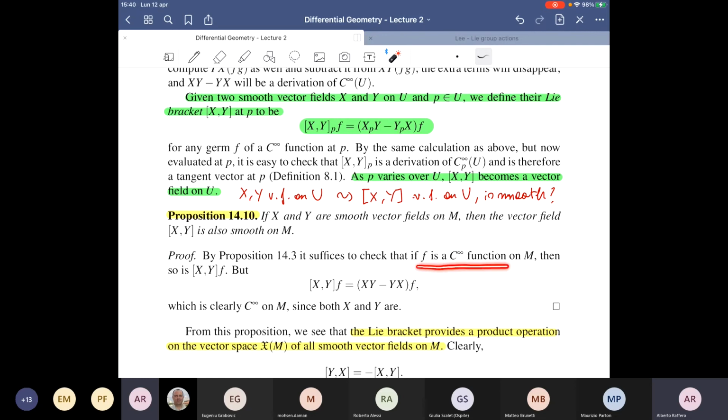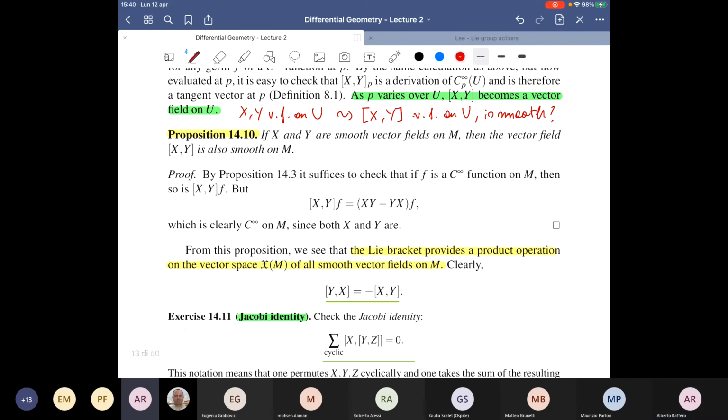So consider any smooth function f on the manifold. We have to show that this new vector field given by the bracket [X,Y] applied to this function is smooth. But by definition, this is just XY minus YX applied to f. And it is smooth because by hypothesis both X and Y are smooth.